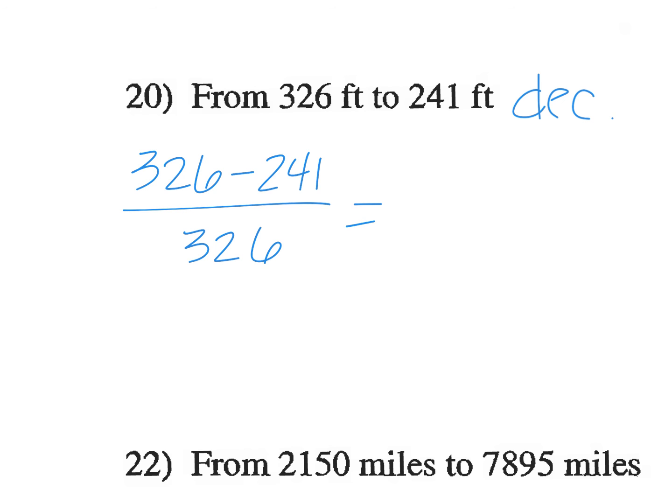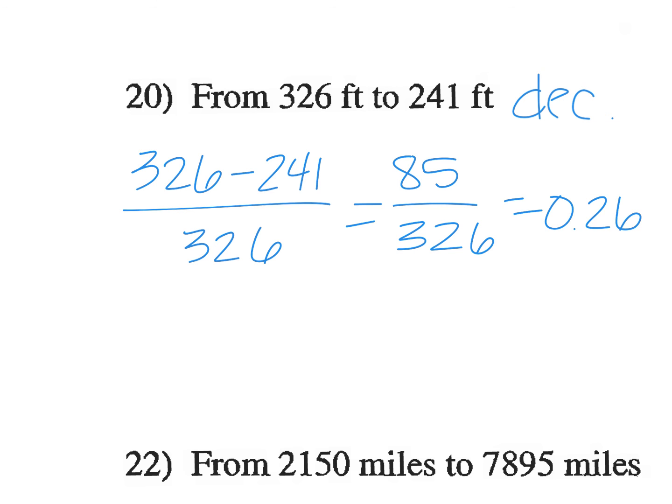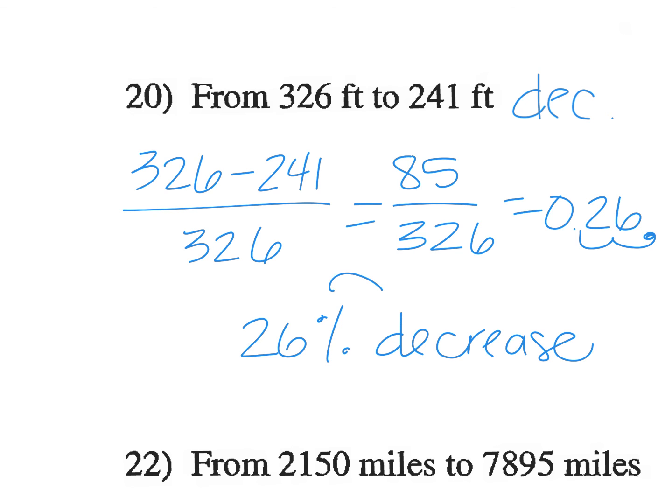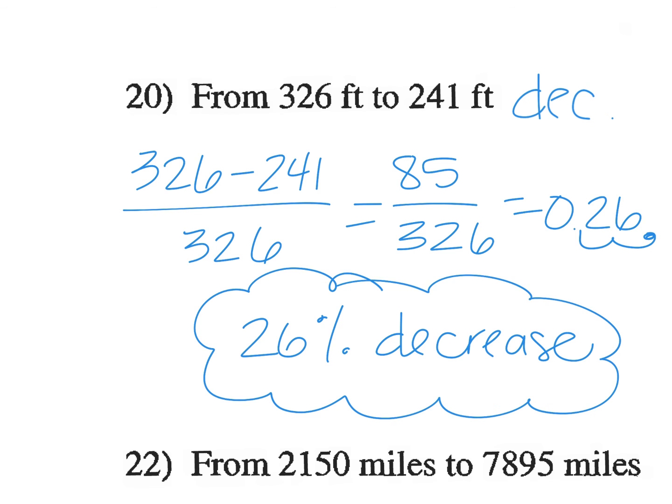So we have 326 minus 241 equals 85 over 326. 85 divided by 326 is 26 hundredths. That would mean that it's 26% with a decrease, so a 26% decrease.